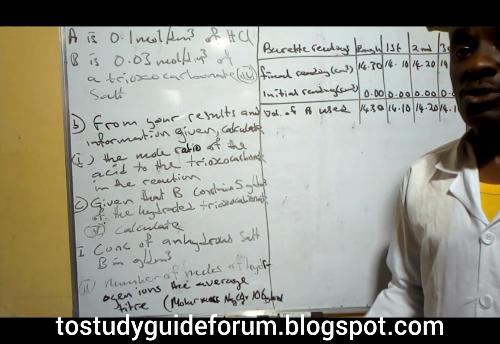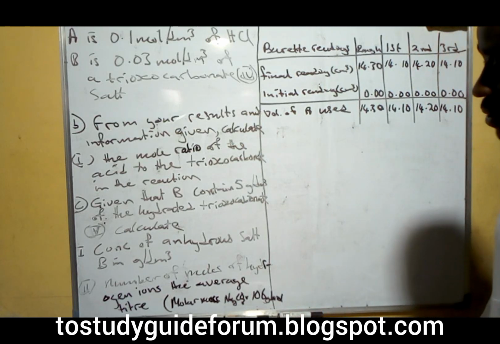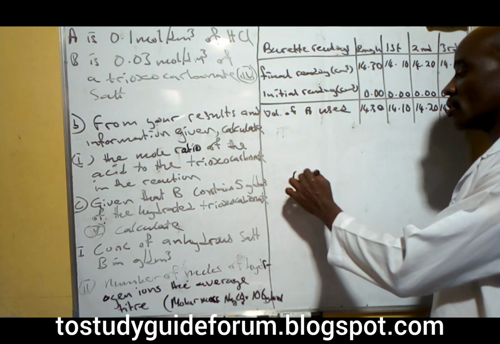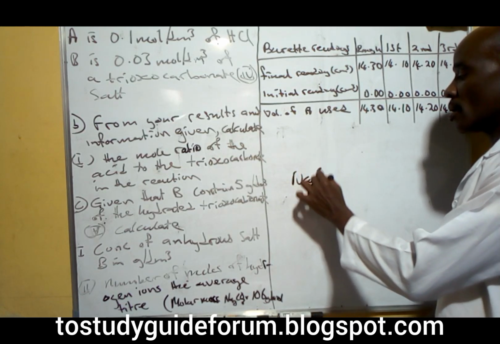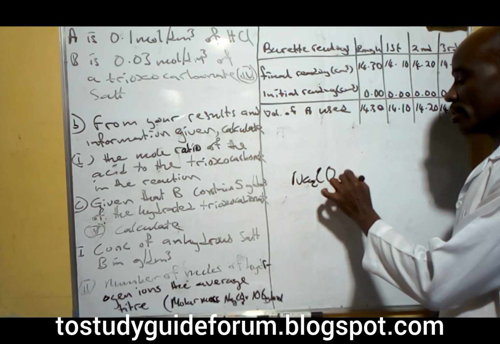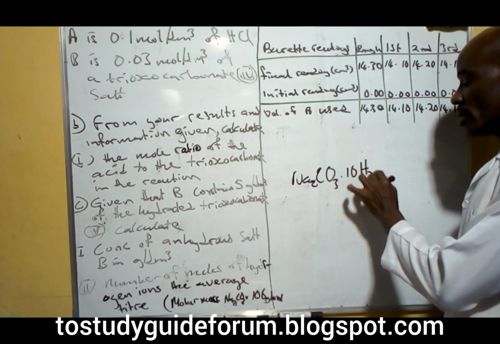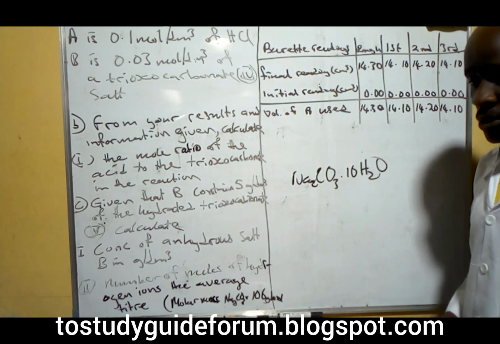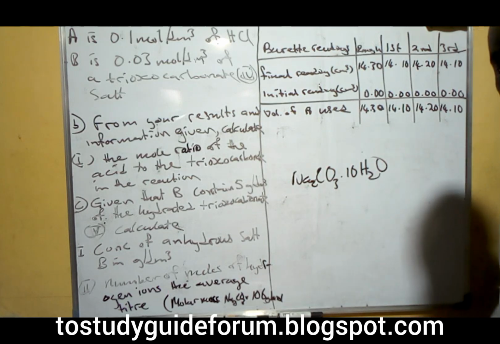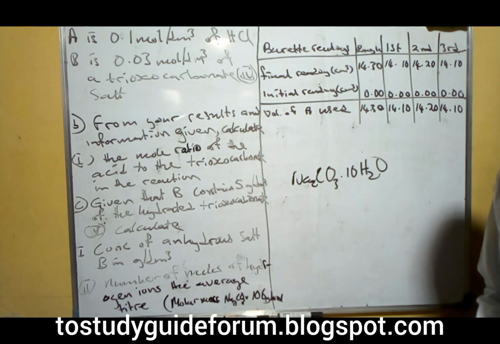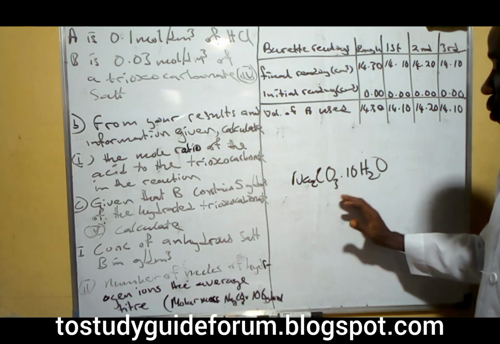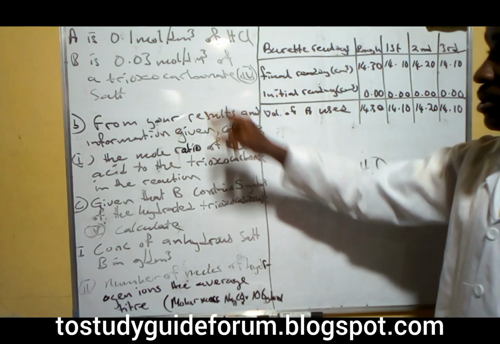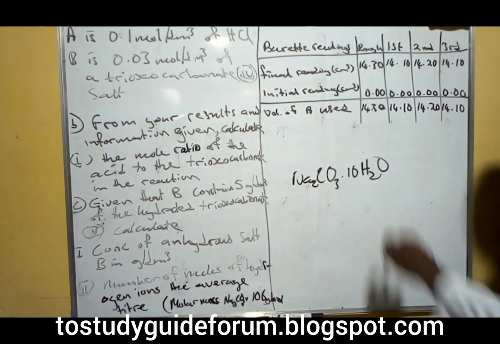So don't just conclude that your salt is what we know it should be, the decahydrate, because on exposure it starts decomposing, losing water of crystallization. You cannot just conclude based on the information given to you. That is how you're going to solve the question.